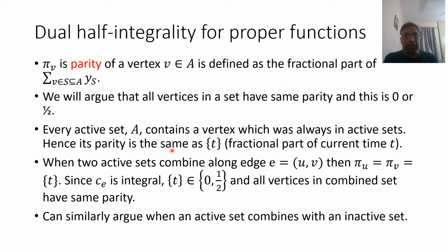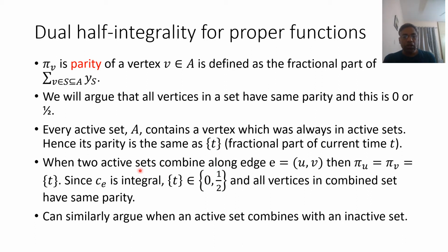So now if I take any active set, an active set always contains a vertex which was always part of active sets. And if it was always part of active sets, then that means that the parity of this vertex is the same as the fractional part of the current time t, because this vertex was always inside some set whose dual was increasing with time.